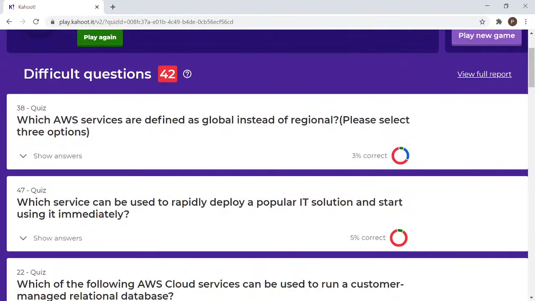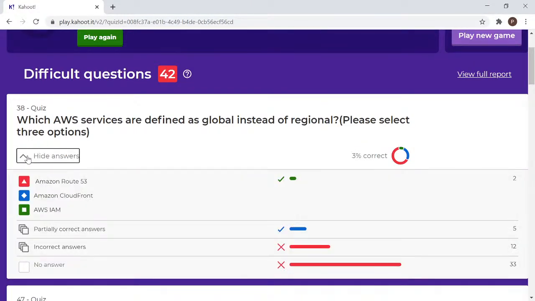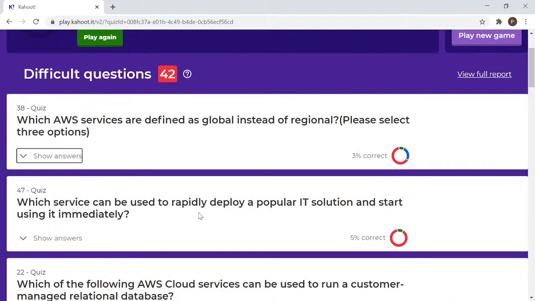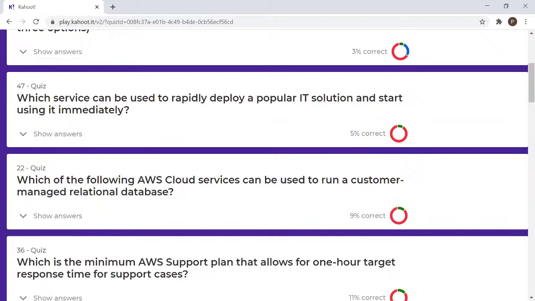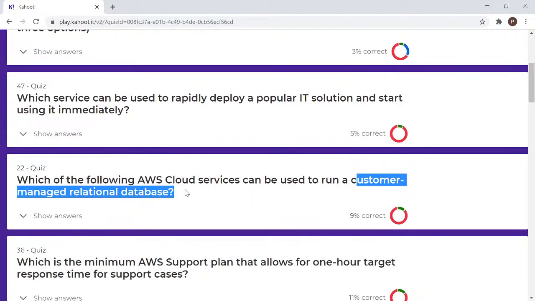One was global instead of regional. As we said, Amazon S3 is regional, and the rest of them are global. Then rapidly deploying a proprietary solution was Quickstart, and then it was a customer managed solution, and that is why the answer was EC2.